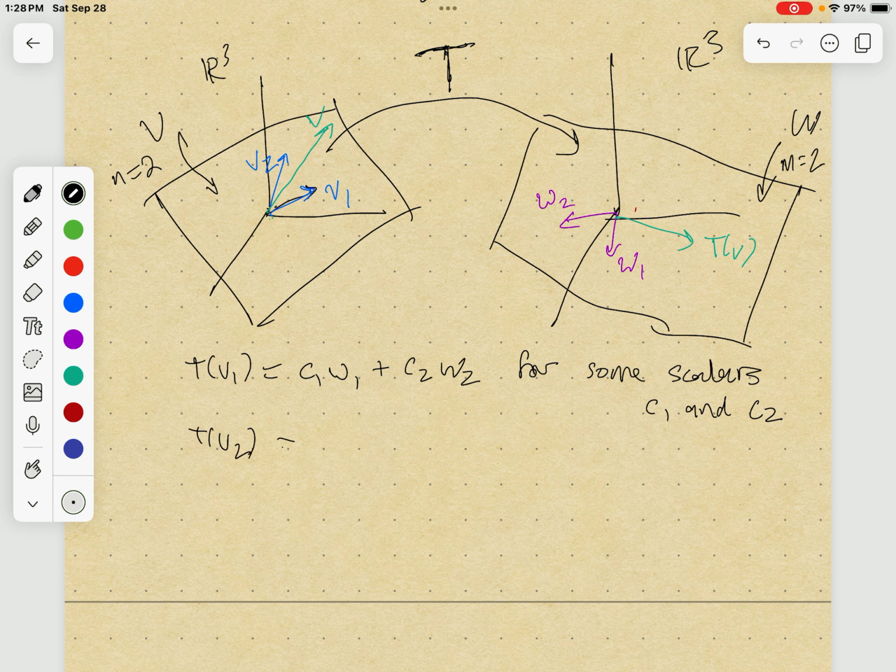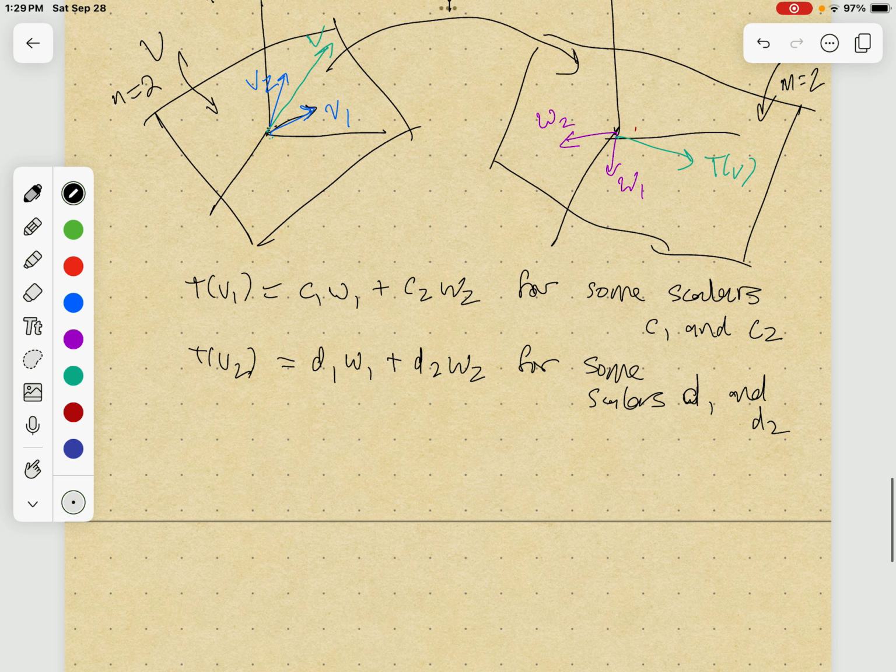Similarly, T of V2 is going to be a linear combination, say D1 W1 plus D2 W2 for some scalars D1 and D2.